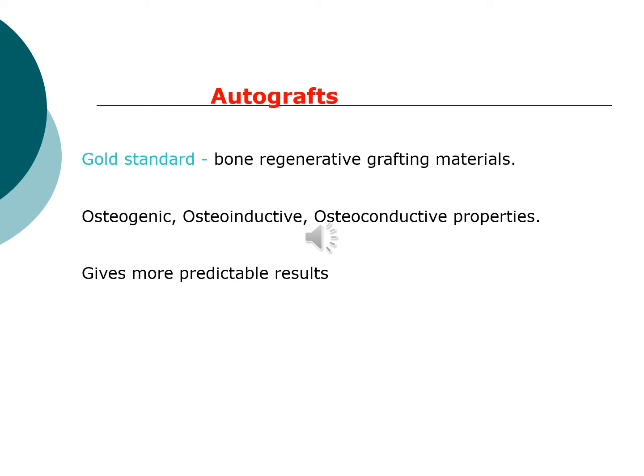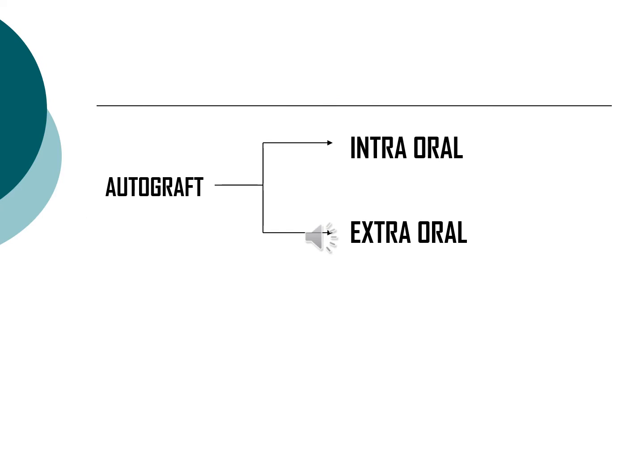And no doubt this graft gives the most predictable results when compared to any other type of grafting material. We can procure autograft from both the intraoral as well as the extraoral sites. Let's see one by one.